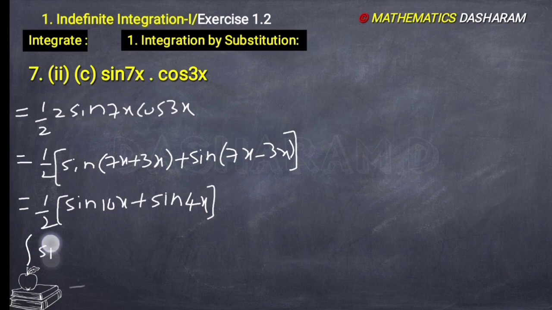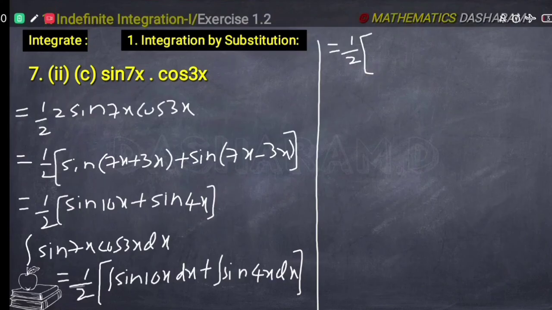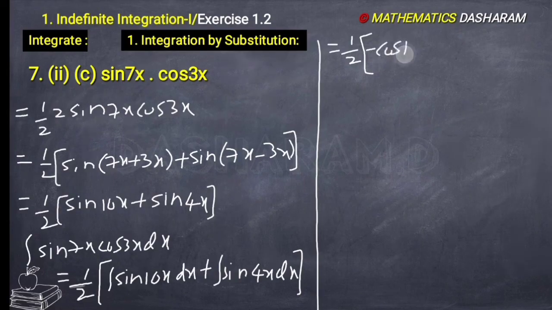Now apply the integration for the given question, sin 7x cos 3x dx. So it is equal to 1/2 [integration of sin 10x is −cos 10x divided by 10, minus cos 4x by 4] plus c.